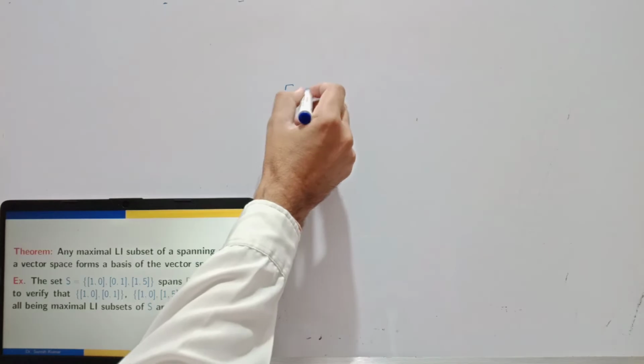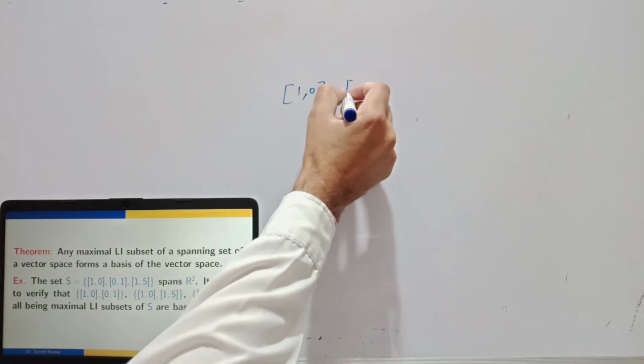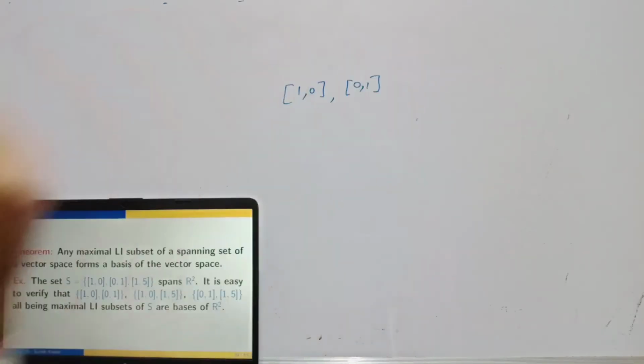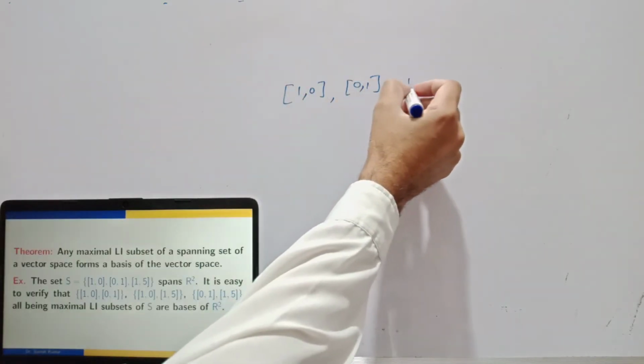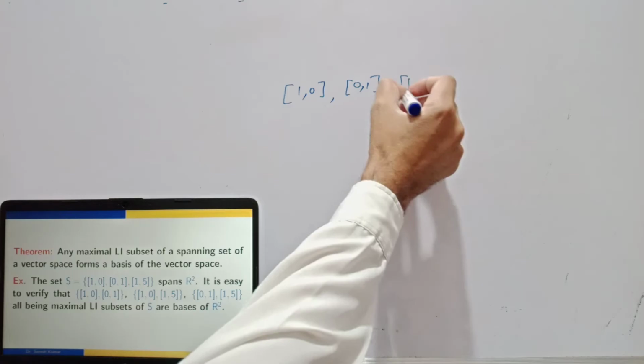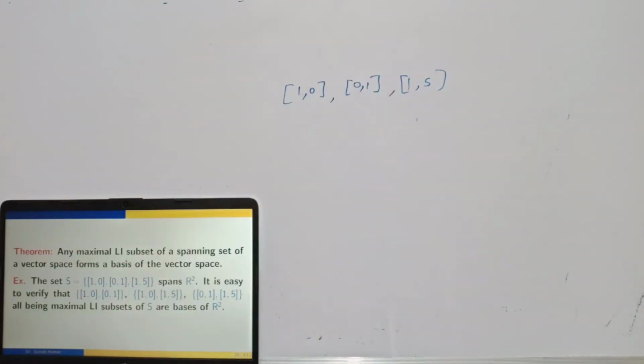Okay, that is the meaning of maximal. So for example, I consider the first 2 vectors (1, 0) and (0, 1). These are linearly independent. But if I consider the third vector also with it, you will find that now these are linearly dependent. You can check it. Okay. So the maximal linearly independent subset is (1, 0), (0, 1).